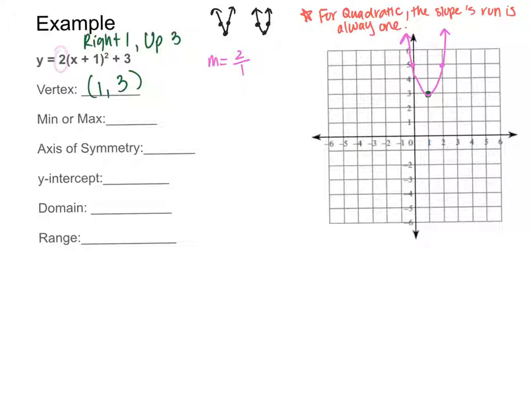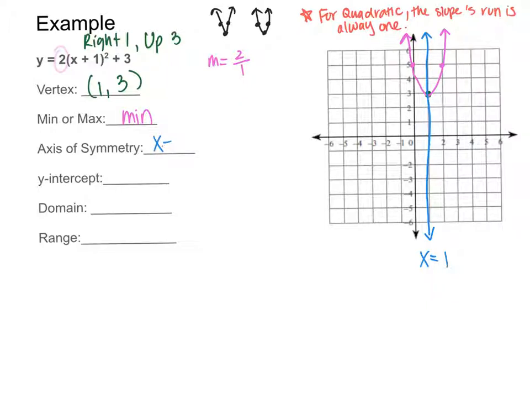So let's take a look at the vertex here. This vertex is sitting at the lowest point of the parabola, so it's a minimum. The axis of symmetry, well, if you cut this in half, right? The line of symmetry here, remember vertical lines are x equations because they intercept the x-axis, and this one intercepts it at 1.